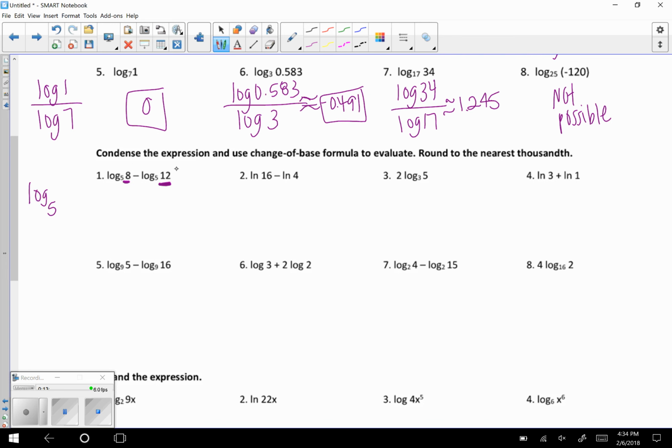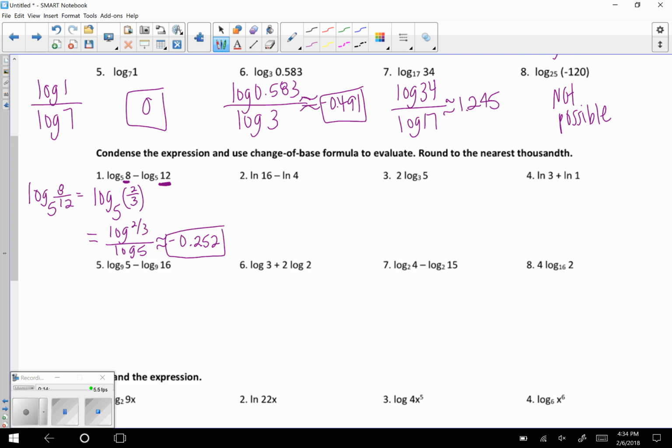Well, what do you know about 8 over 12? It's going to reduce, isn't it? That reduces to log base 5 of 2/3. So when we plug that in a calculator, we would have log of 2/3 over log 5. So take a second, plug that in, and we should get -0.252.